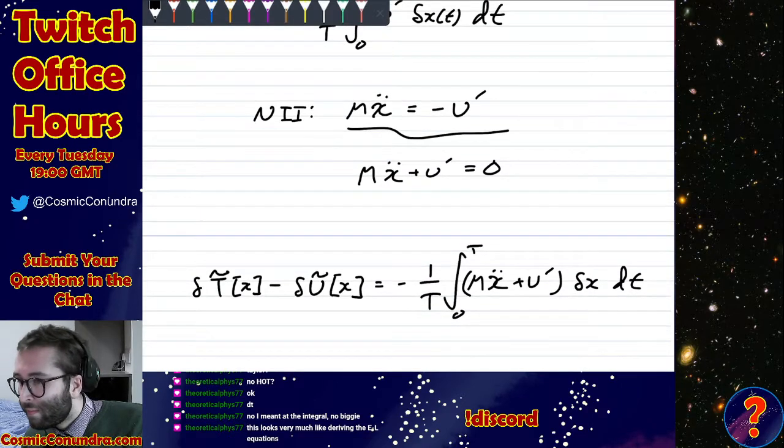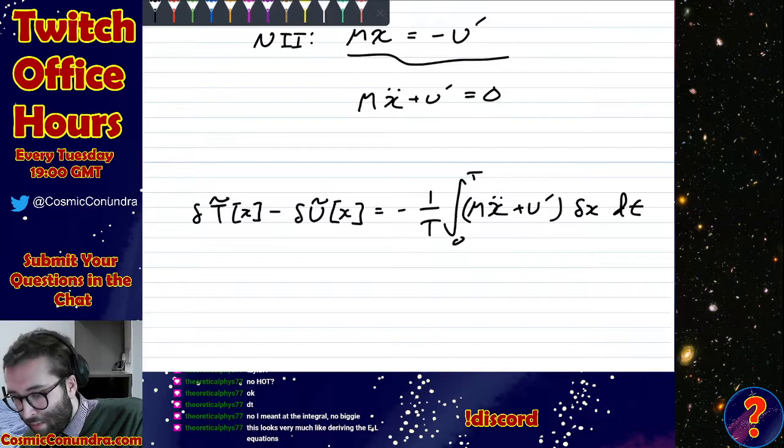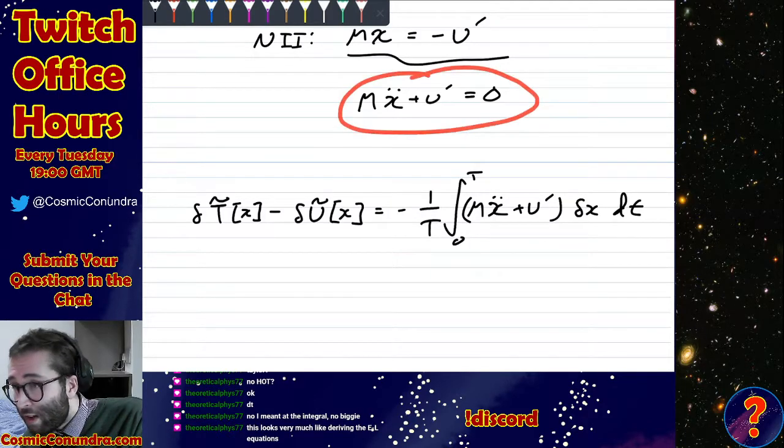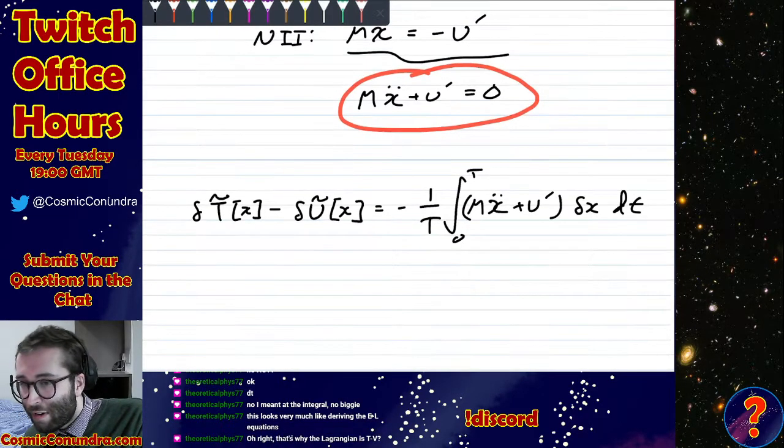Okay, this is what we end up with. But from Newton's second law, we know that this should be identically 0.